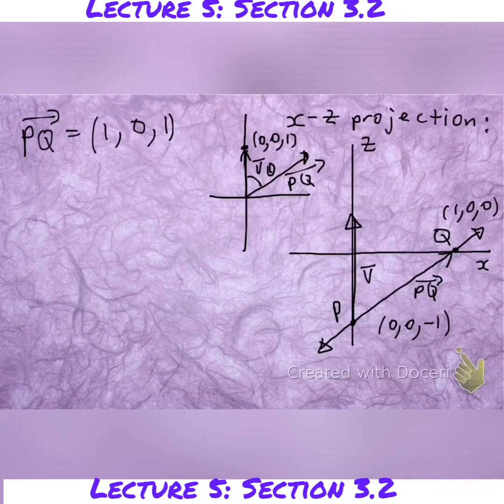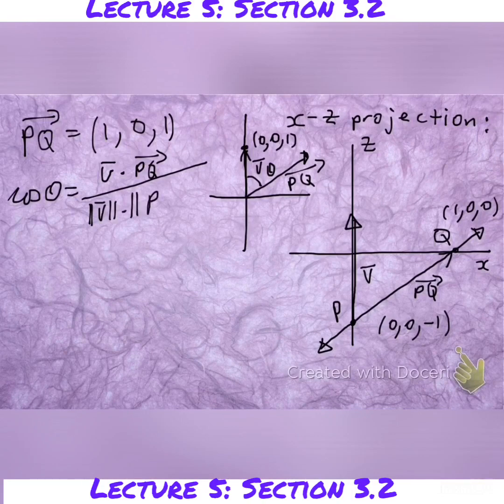So we know that cos of theta is going to be the dot product between the vector V and the vector PQ, divided by the norm of the vector V, which is a unit vector, and the norm of the vector PQ.